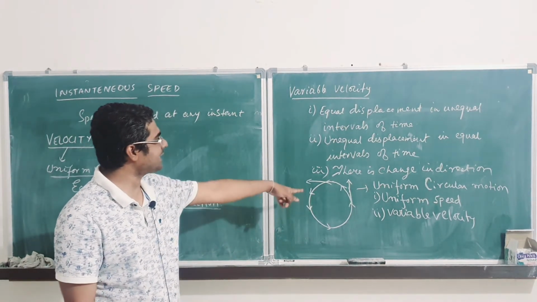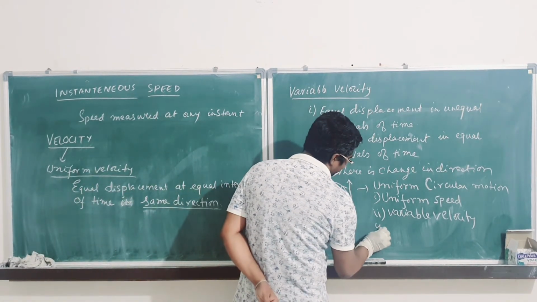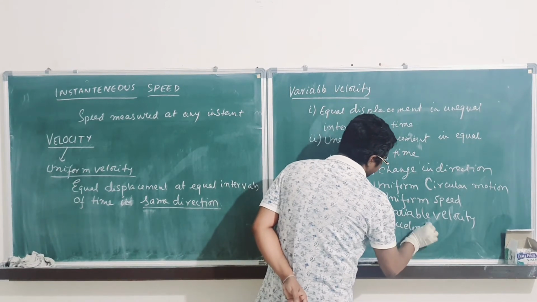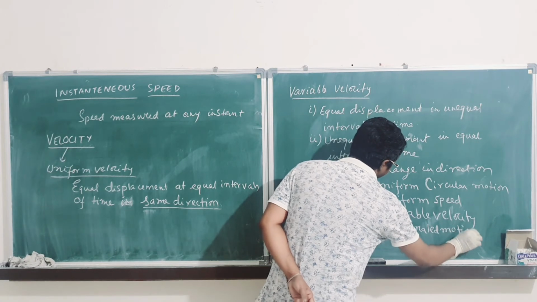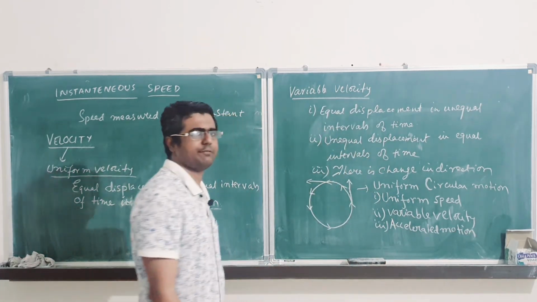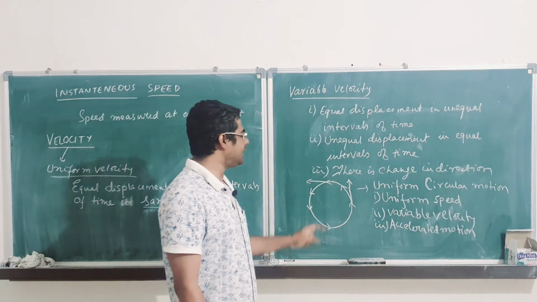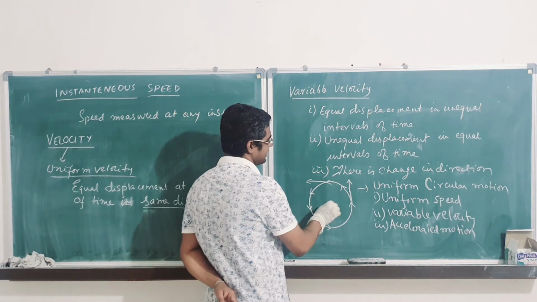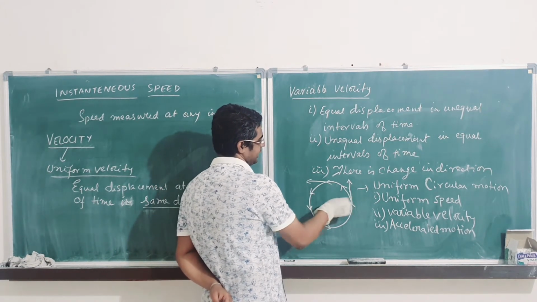Now is this an accelerated motion? Yes, it is an accelerated motion, definitely an accelerated motion. Why? Because the direction is changing. Normally in these cases there is a pivot that is attached.